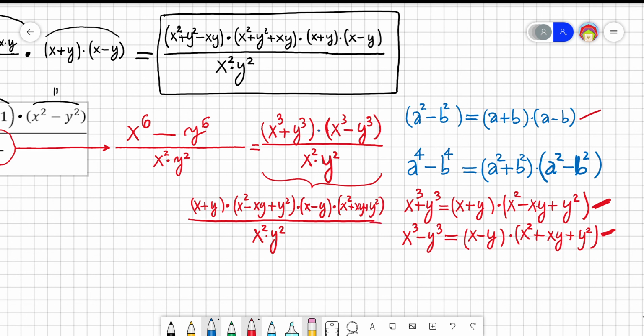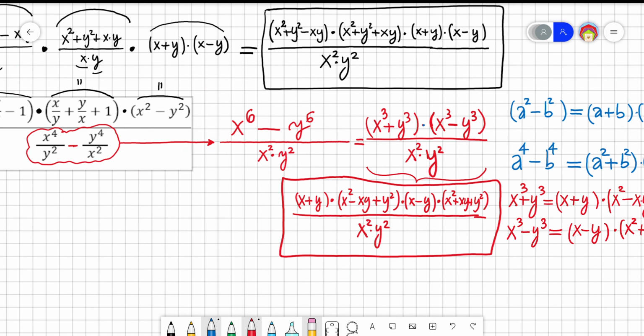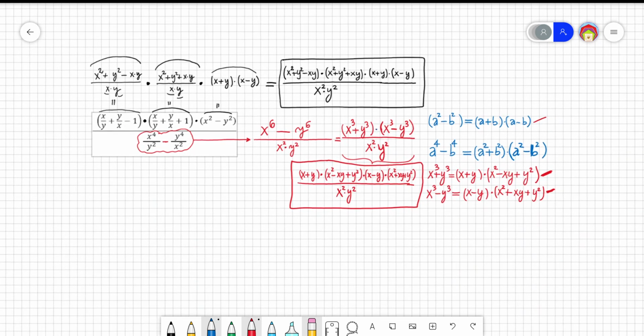So there you are. So this huge, unbelievable thing is equivalent to the denominator of the original algebraic expression we want to do.